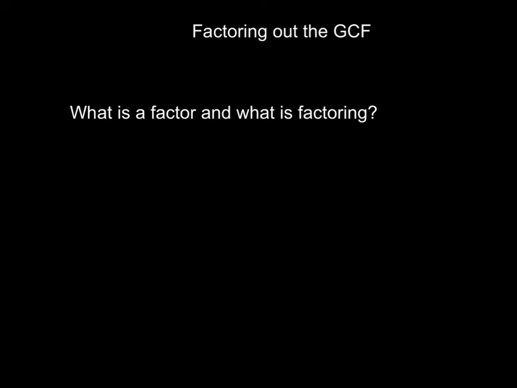Now, at some point, you should have done factoring trees. So, for instance, maybe you had 36 and you broke that down into 6 and 6. So a 6 is a factor of 36.